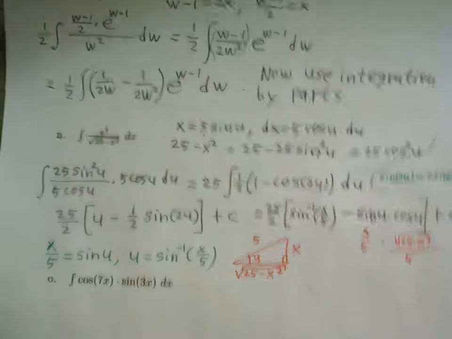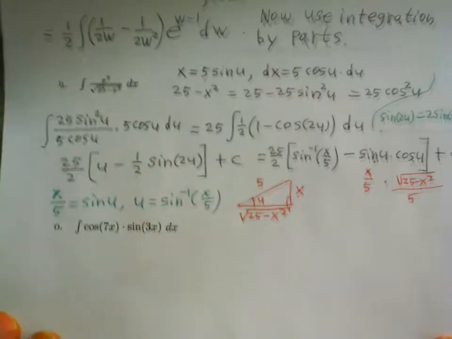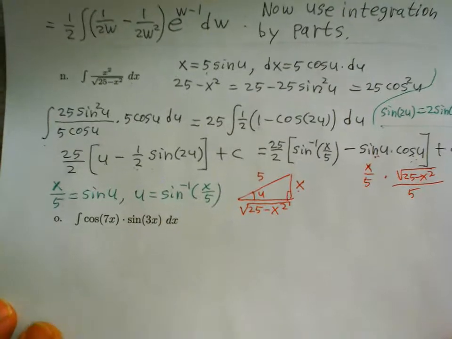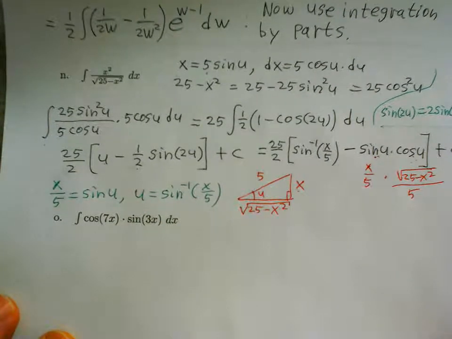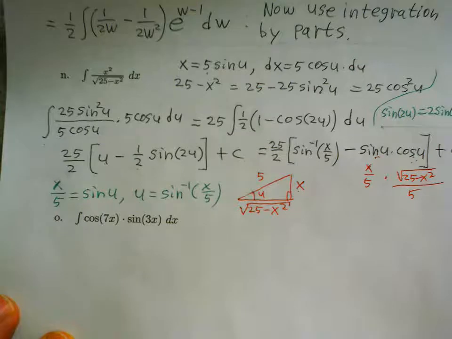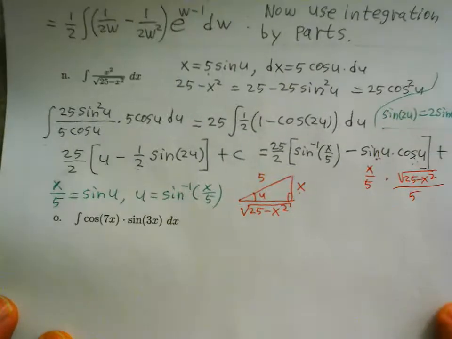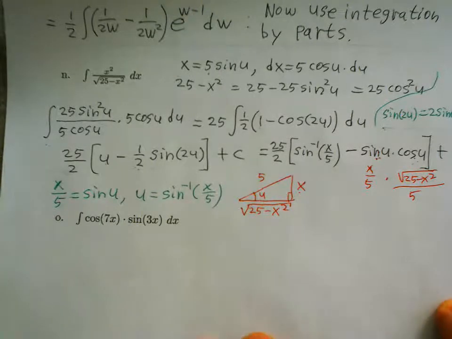Okay, the next one, the integral of cosine of 7x times sine of 3x dx. I didn't leave a lot of space on this one. So on a separate piece of paper, I'll remind you of a couple of trig identities that we can use for this one.